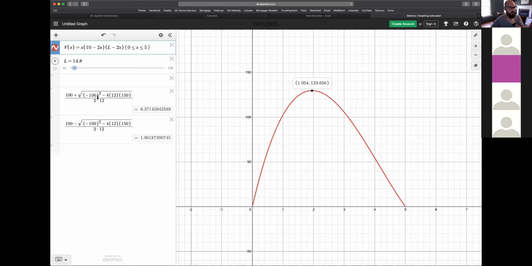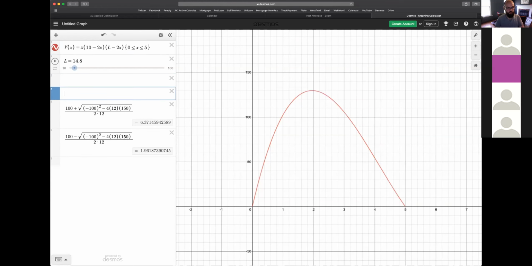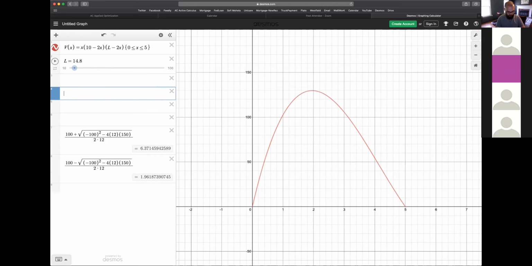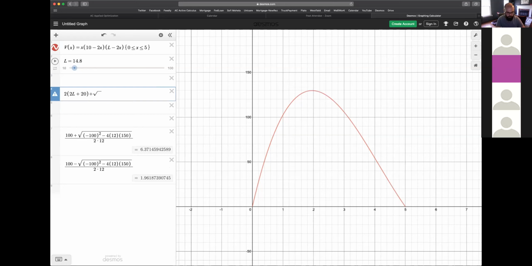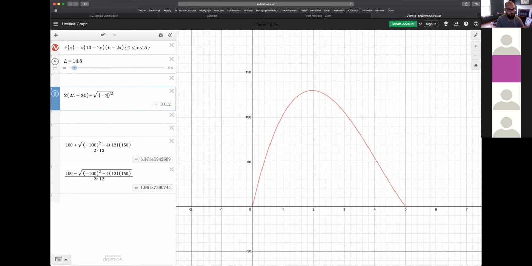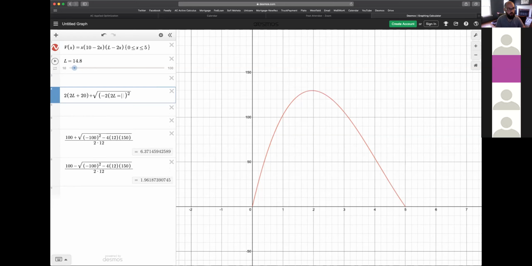Okay. So what I'm going to do is put in my formulas here. Just like we had before, but we have a new one. So 2 times (2L plus 20), plus the square root of, we have negative b, so this is b, negative 2 times (2L plus 20).